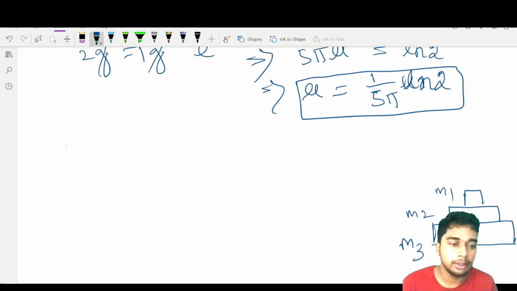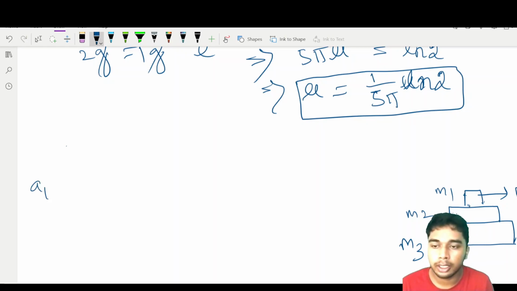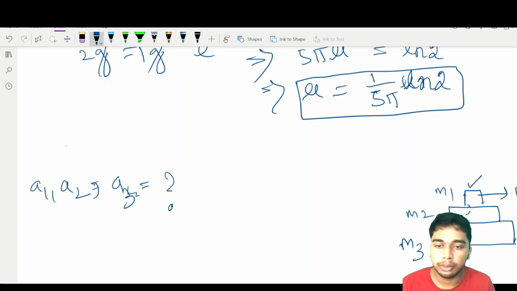If there is a force acting on the upper one, the question can be asked, what will be the friction in between, and what will be the acceleration, if the acceleration of the first one is A1, second one is A2, and third one is A3. We have to find those out, how to deal with them.